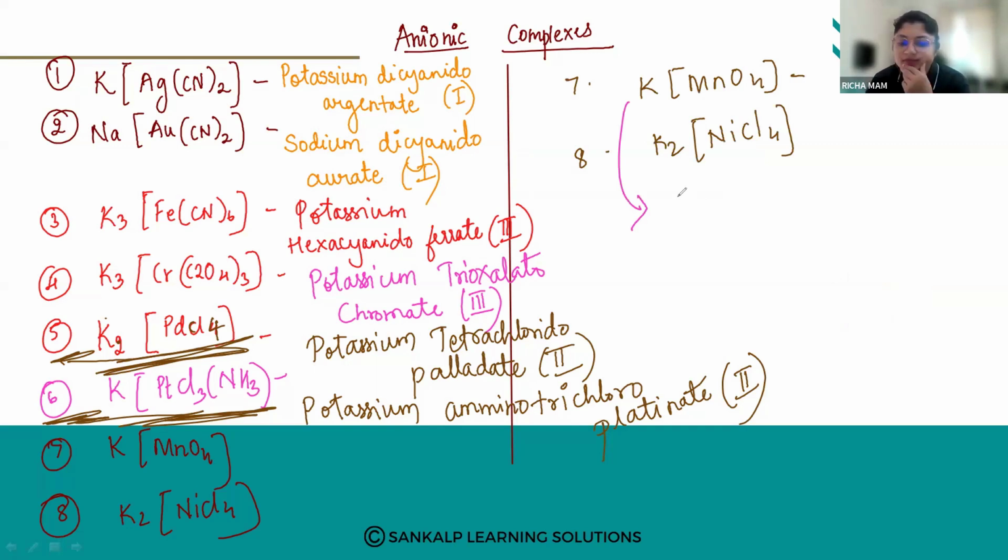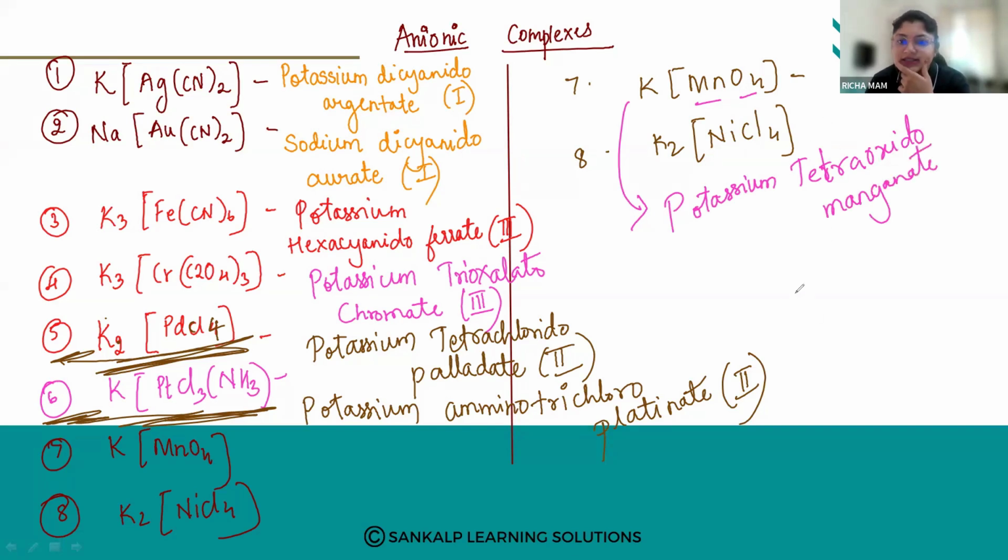Potassium. Mn is there and O4 is there. O4 is your ligand. So it is potassium tetraoxido manganate.